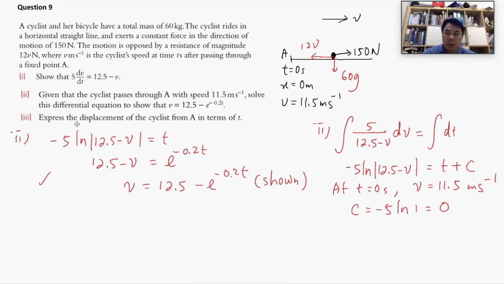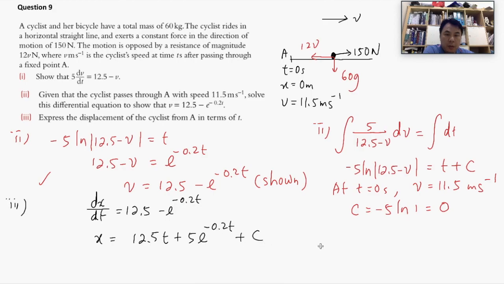And then lastly, we need to express the displacement of the cyclist from A in terms of t. As usual, we're going to write V in terms of dx/dt and solve this differential equation. That would give us x equal to 12.5t, integrating directly here, plus 5e^(-0.2t) plus c.